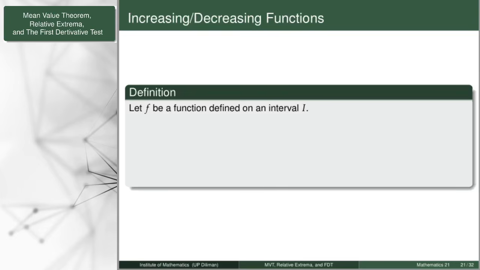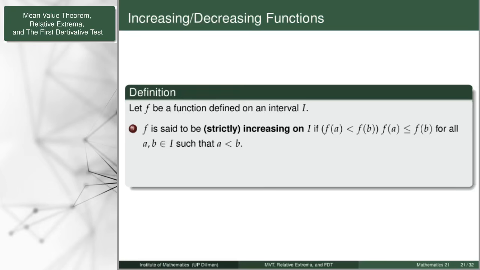Let us define what it means for you to have an increasing or decreasing function. F is said to be increasing on I or strictly increasing on I if any a, b that satisfy this one, so a smaller a will imply that the evaluation will also be smaller.